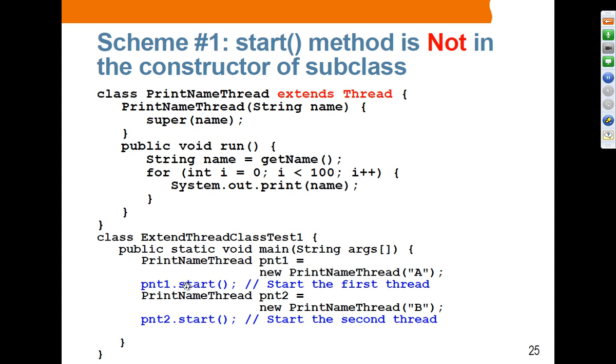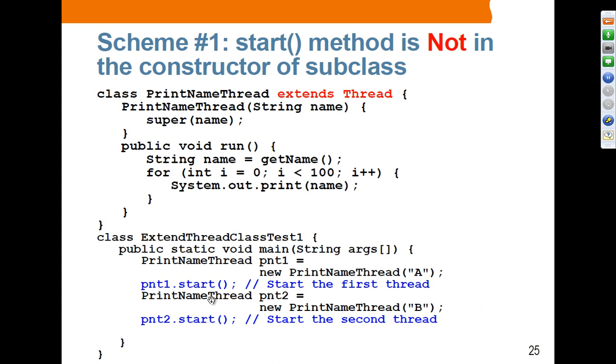Now, because the start method is not in the constructor of this PrintNameThread, the start method of this object has to be called. So in the main method, let's say we created an object instance, meaning we created PrintNameThread A, and then we have to call the start method directly like this. Then we created another thread called PrintNameThread B, and then we have to call start.